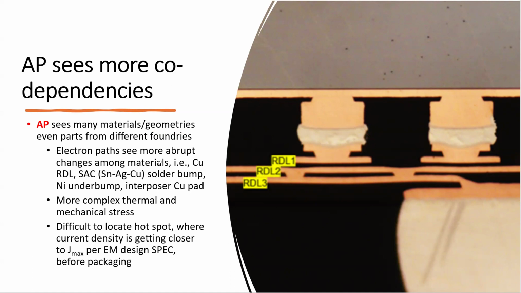And then different materials. So electron paths see more abrupt changes among materials. Your copper, this copper RDL. RDL means redistribution layer. SAC, this is a tin, silver, copper compound, solder bump. And then the nickel under-bump, interposer, copper pad.